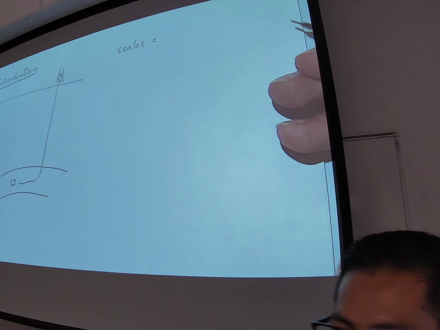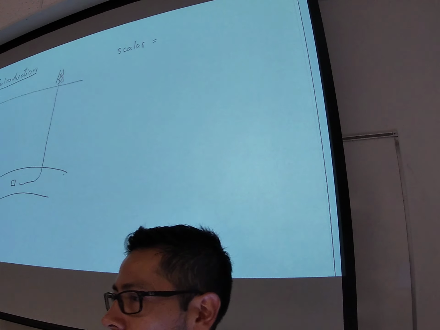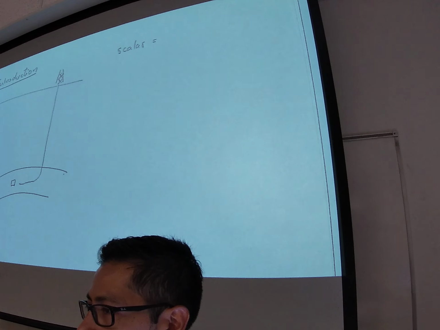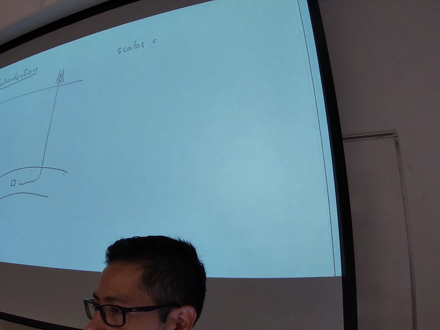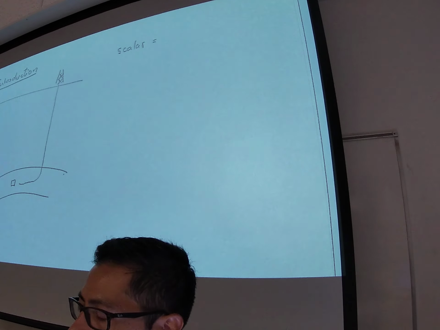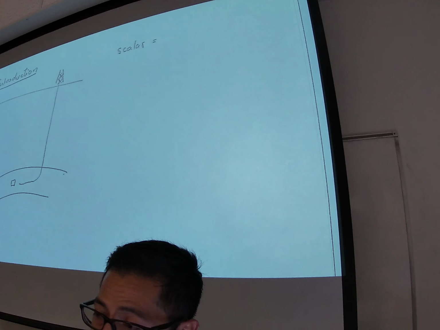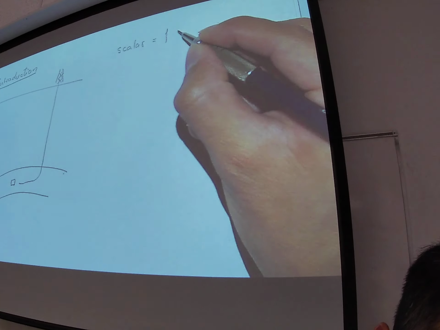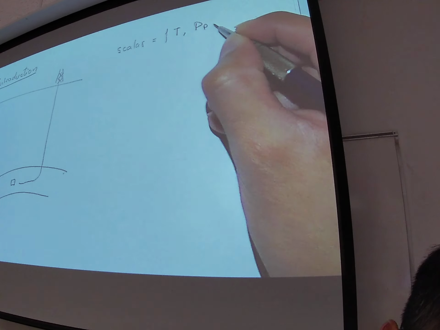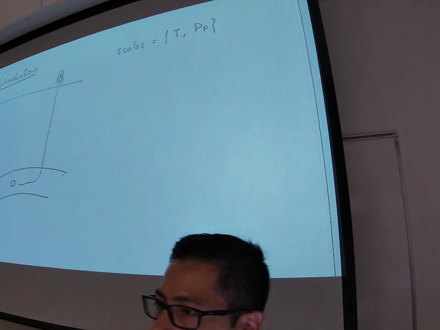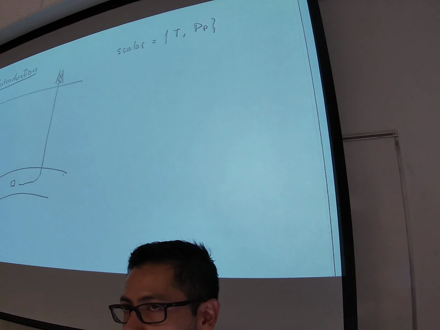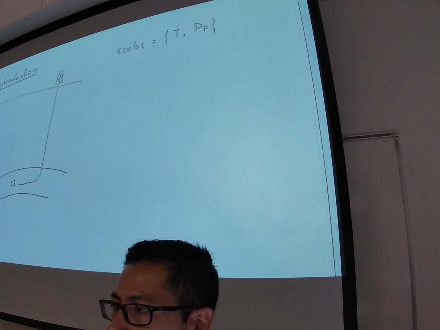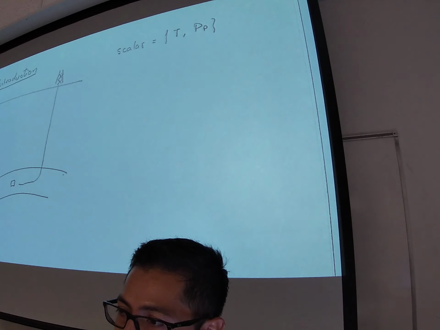So if I ask you for temperature, a typical temperature may be, for example, 100 degrees C. So it's just one number, okay? And the same with pore pressure. Pore pressure may be, for example, 8,000 psi. It's just one number.